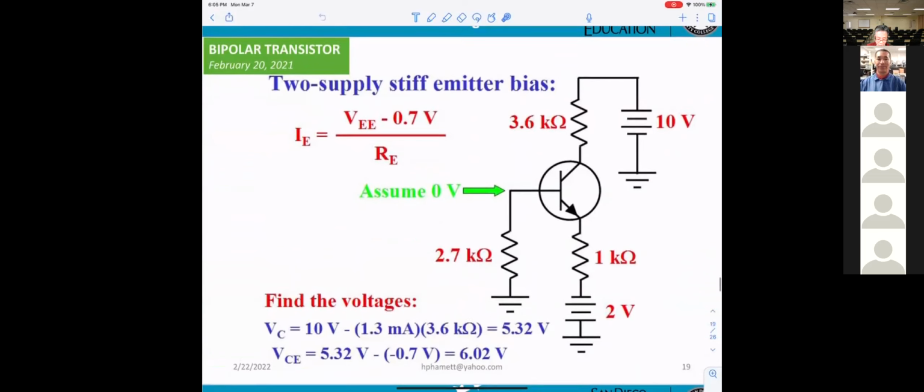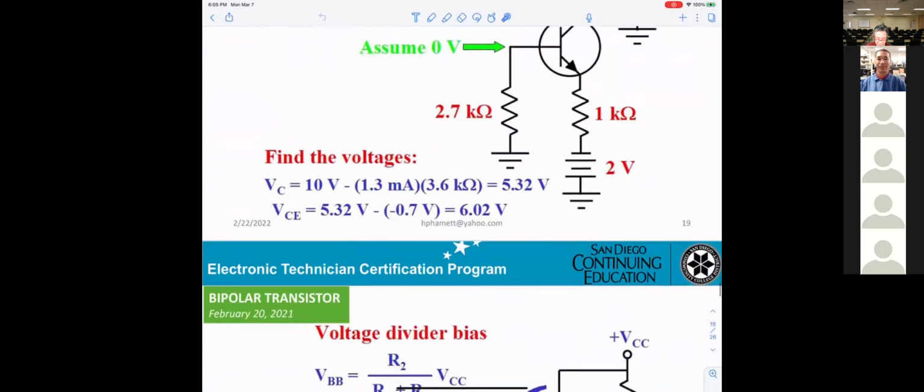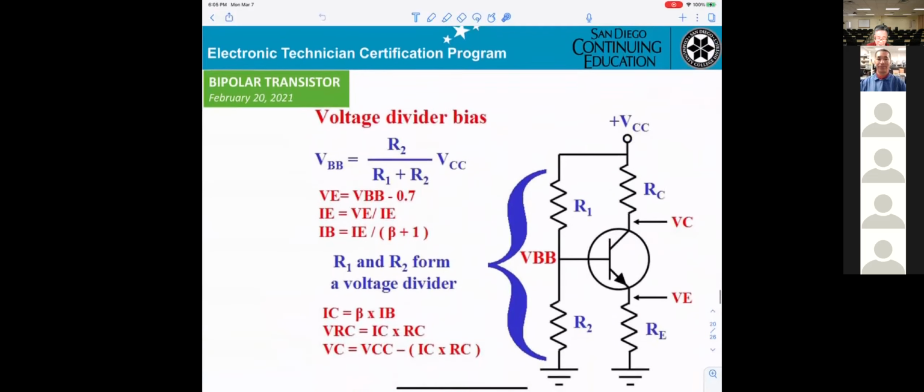That's that example. You can see they're using a formula. Now, this is the one you need. Normally, when they use a bipolar transistor, they use voltage divider bias. You can see that they need only one power supply. If they want the voltage at the base, they just add two resistors.